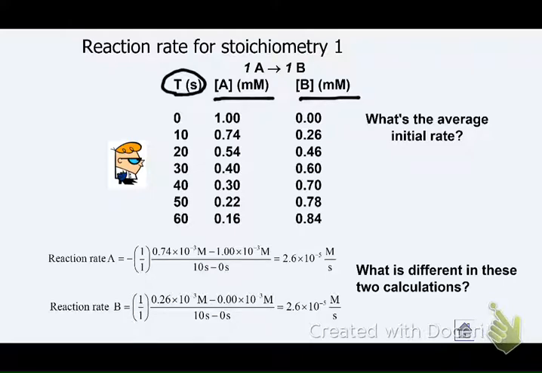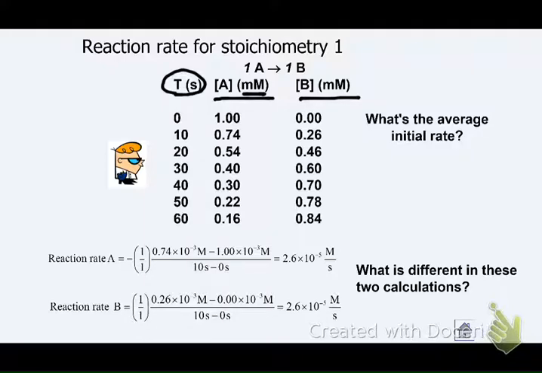This is 1 millimolar, so I converted to molar. What's a milli? You'll see it all the time in this class. 10 to the minus 3. Centis are 10 to the minus 2, millis 10 to the minus 3. You got to remember that.